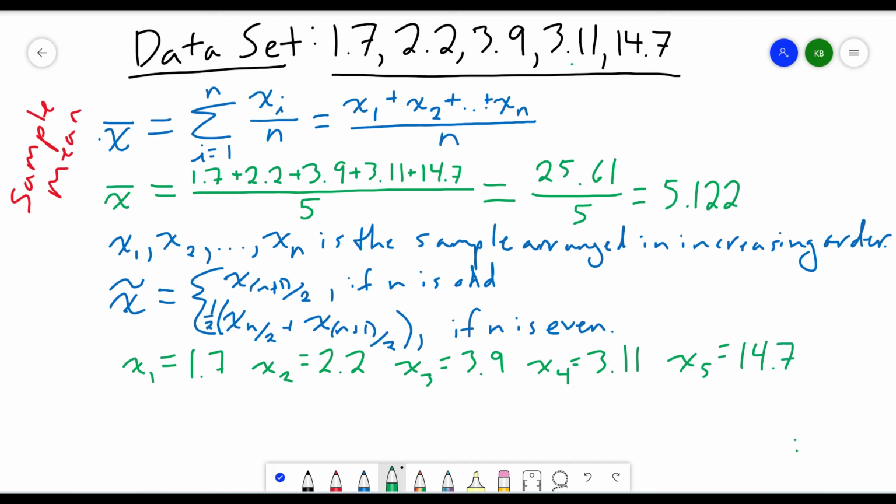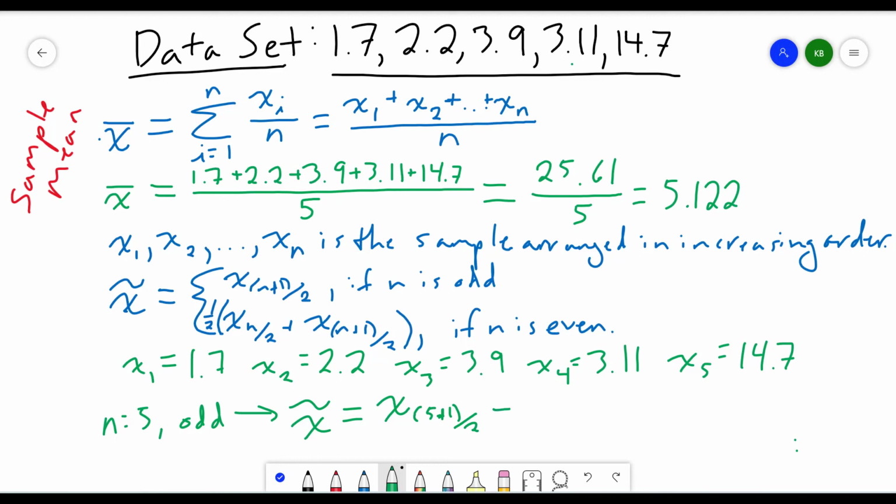So since n equals 5, which is odd, x tilde is going to be equal to x sub (5 plus 1) divided by 2.